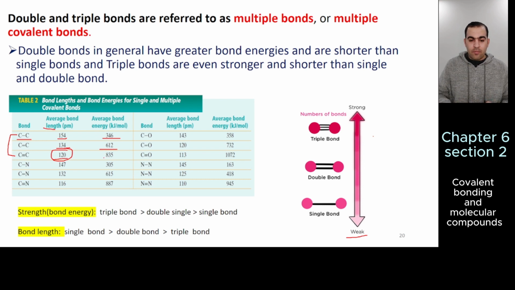So for a triple bond between carbons we need 835 kilojoules per mole. So you must know that triple bond is stronger than double, and double is stronger than single. And for bond lengths, the triple bond is the shortest, then double, then single bond.